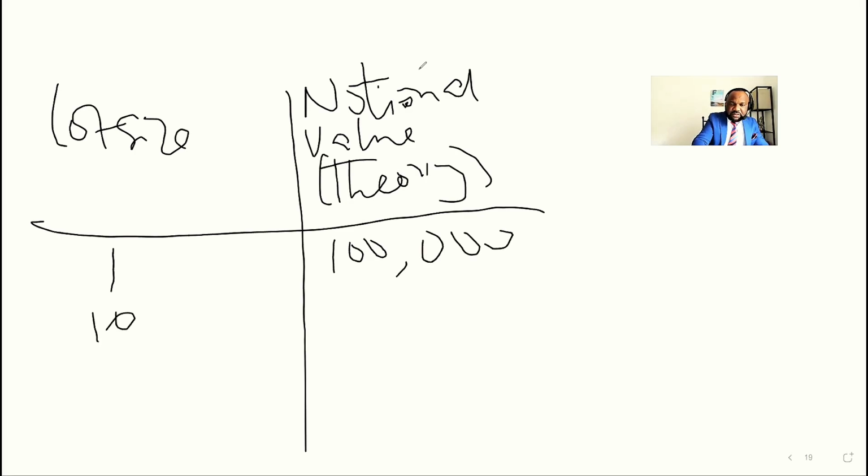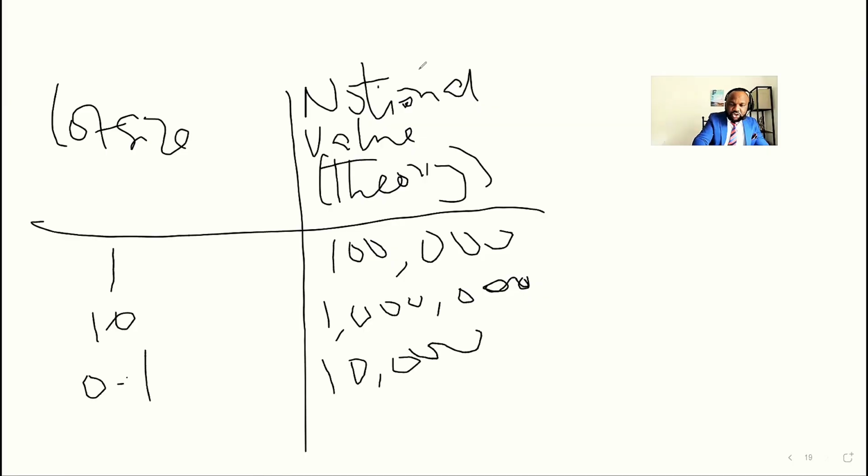10 means 1 million of the base, and so on and so forth. 0.1 lot size means 10,000 notional value. 0.01, which is the least lot size, means 1,000 notional value. That's the theoretical meaning.